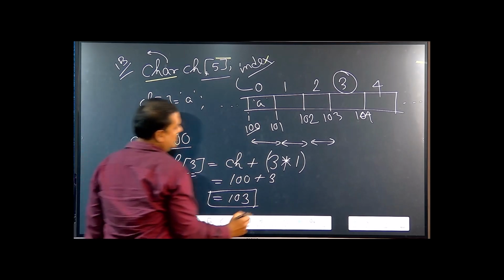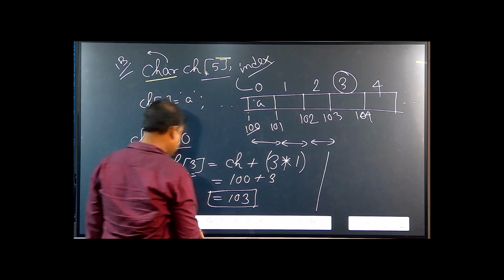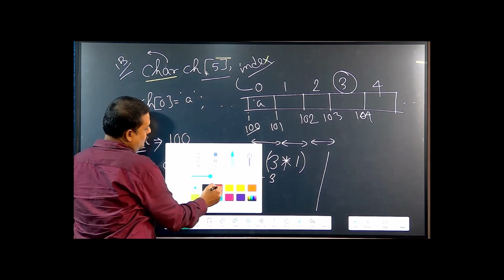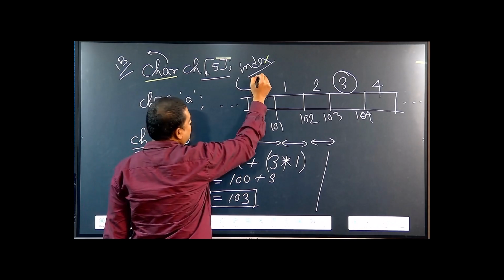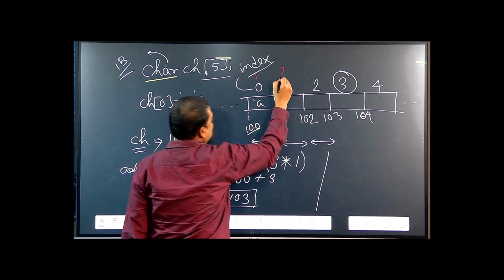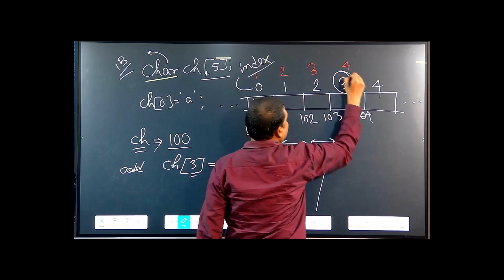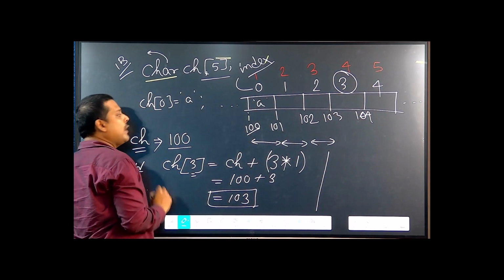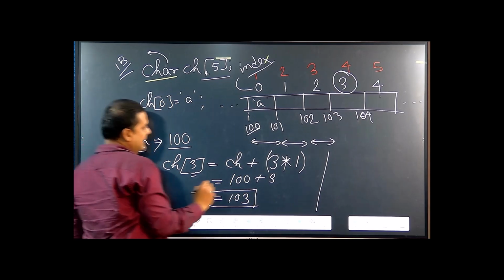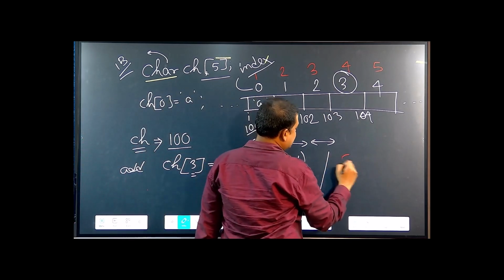Now think about another scenario. If I start the index from 1, then this is 1, this is 2, this is 3, this is 4 and this is 5. If the index is starting from 1, then what is the address of ch of 3?